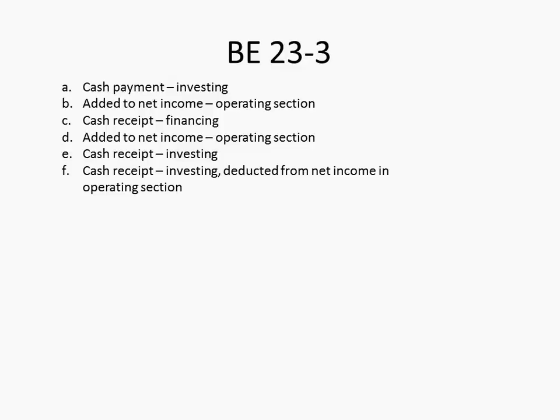Yes. No, it's okay. You would add 40 to the operating and then... Yes, if this is a loss, that would also be added back. The loss, just like depreciation expense, would be added back. If it was a gain, then it would be subtracted. And then what would go in the investing? 40?